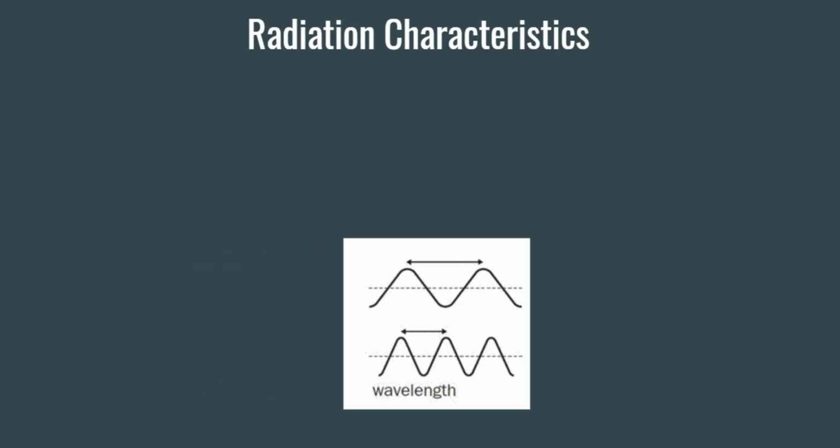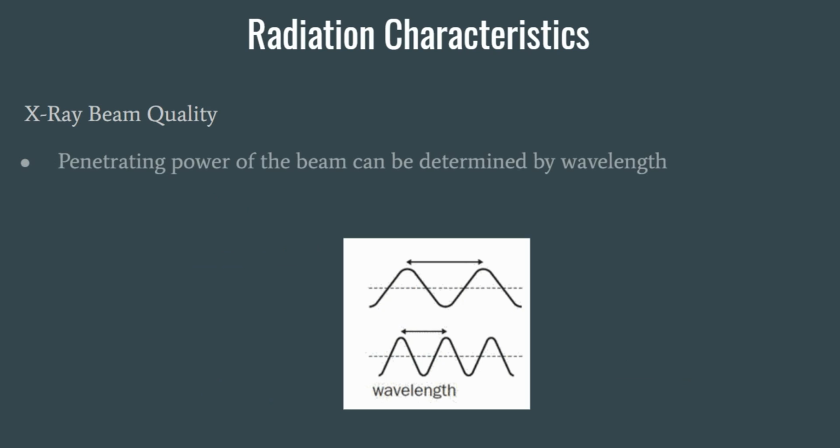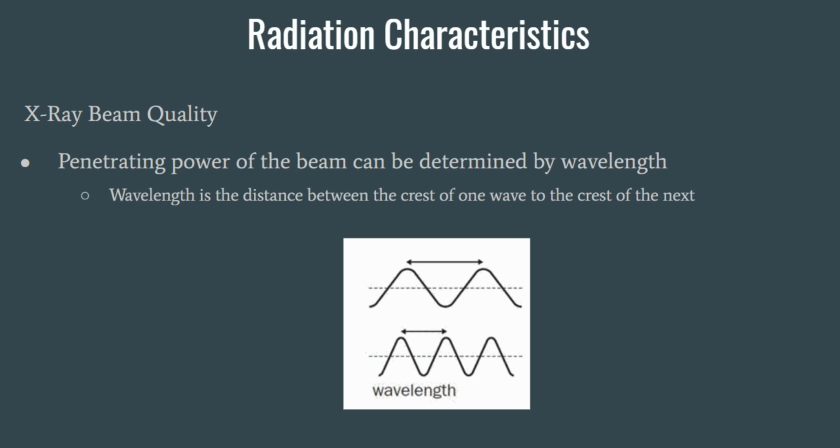So to understand what some of that means, we need to take a step back and understand what wavelength is. It is a part of the X-ray beam quality, and it is something that determines the penetrating power of the beam. So again, how powerful is that beam going to be? Our wavelength determines that. So what is wavelength?